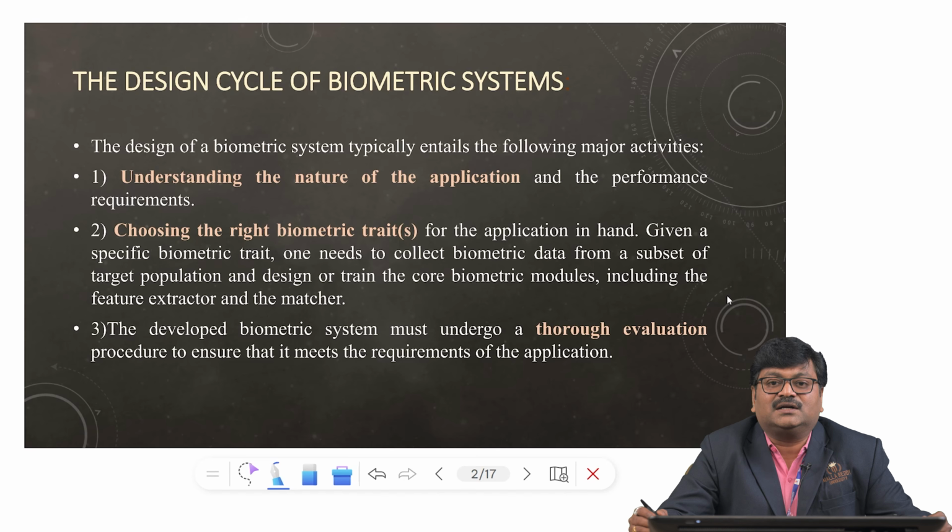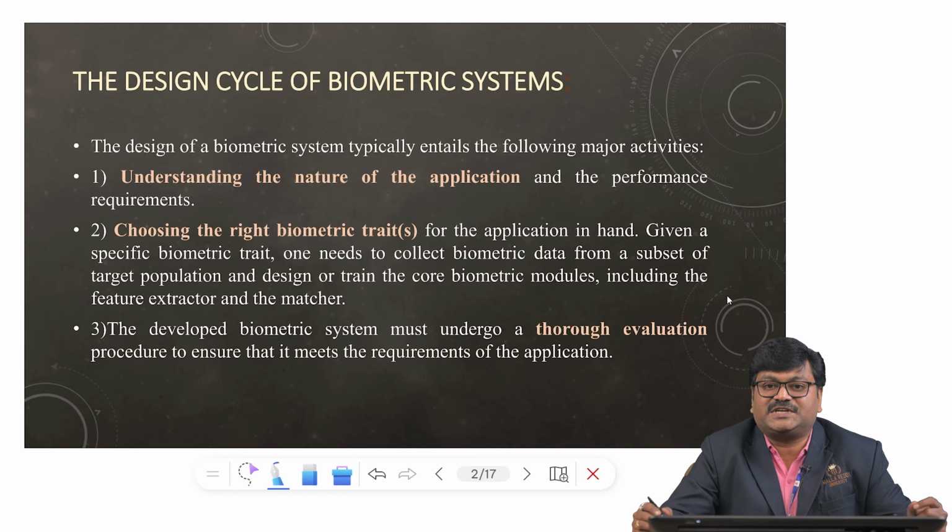Whereas the second is behavior traits: our signature and how we use the keyboard come under behavior traits. Based on the application itself, we need to select the trait, because not all traits may fit the application.